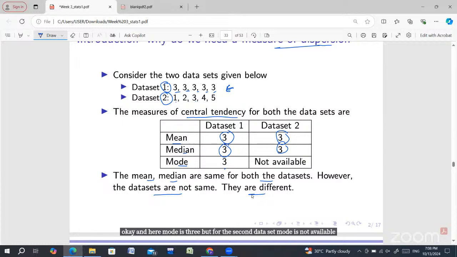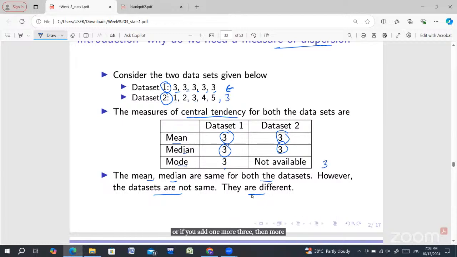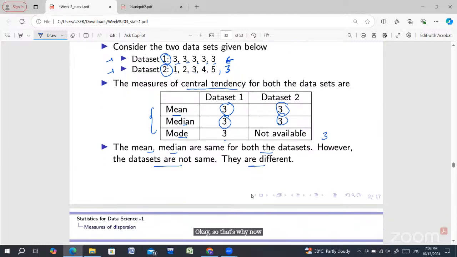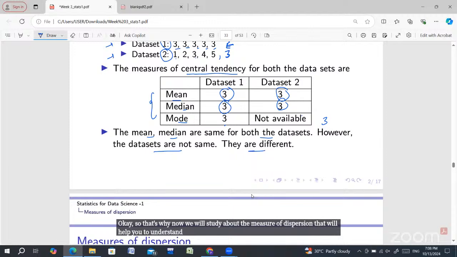I mean, there is no mode. But if you add a data point 3, then the mode will also become 3. Then you can see that all the measures of central tendency are the same for both data sets, but you can see that the data sets are different. So that's why now we will study the measures of dispersion that will help you understand how the data sets differ from each other.